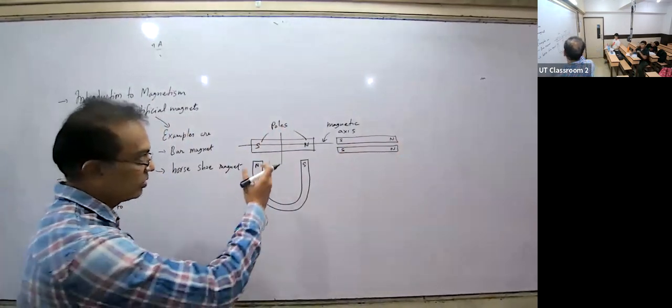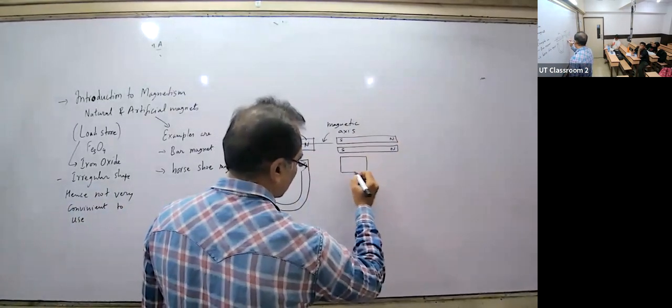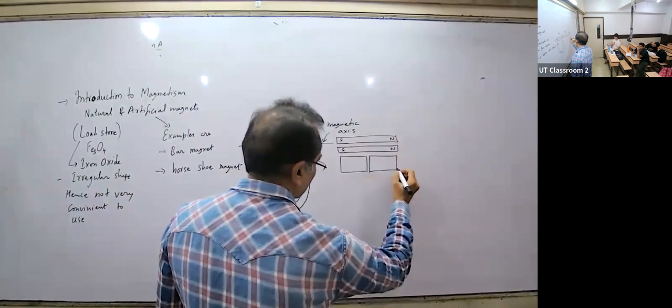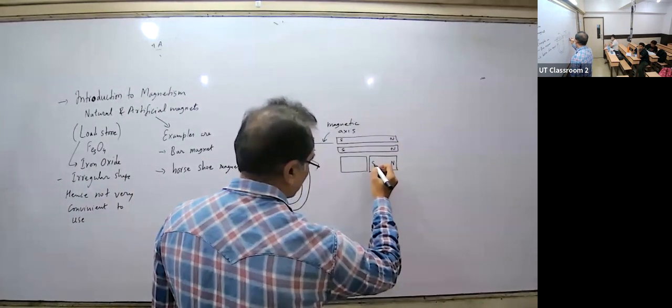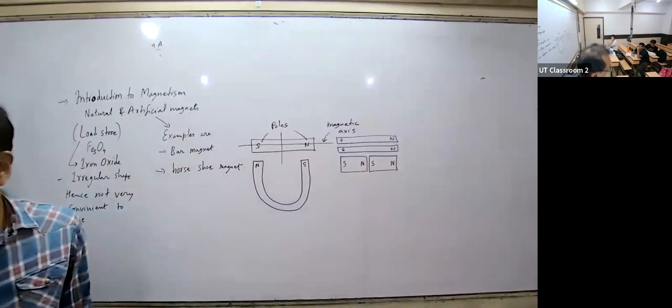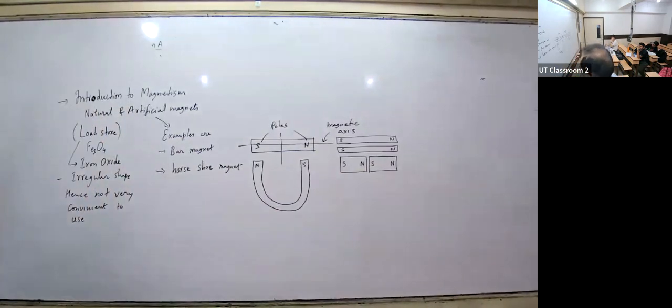Or if it is broken in the middle, you can get 2 magnets like this. Again, the same thing. So it develops opposite polarity, right? So it will always have two poles. Understood?